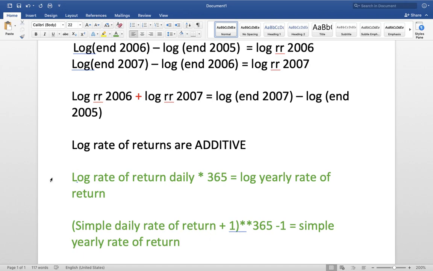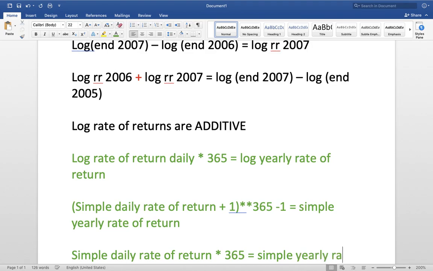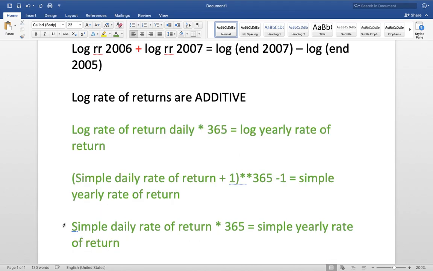However, remember that this is the formula for the log, while this is the formula for the simple. There are people who multiply the simple daily rate of return by 365 to get the simple yearly rate of return. This is only an approximation. It's usually a valid approximation, but sometimes, if the daily rate of return is pretty high, it will yield something very wrong.